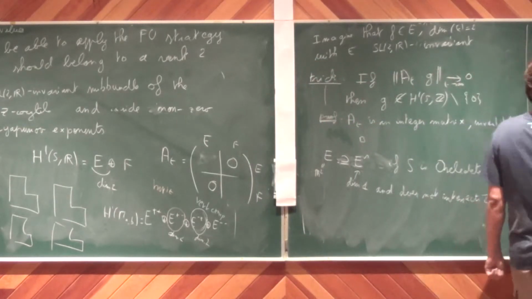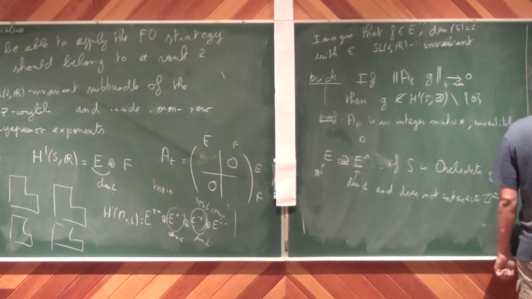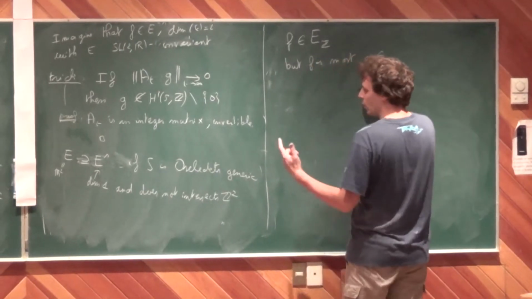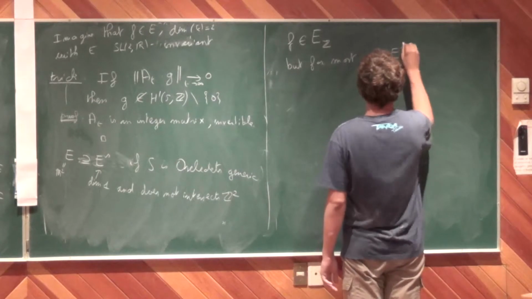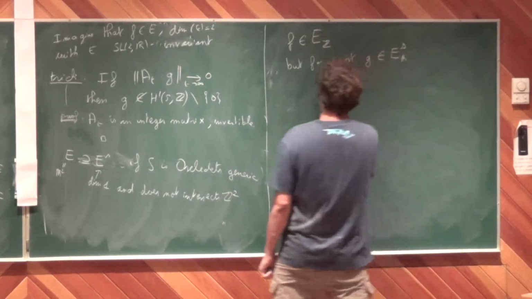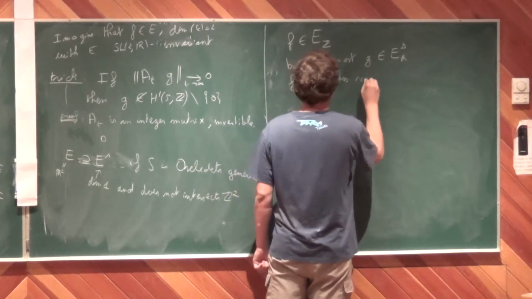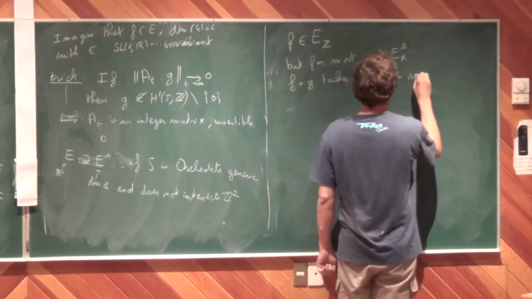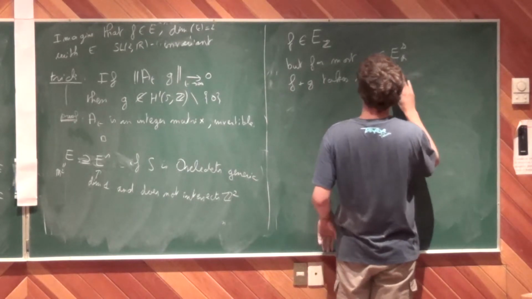So F in Z, but for most G, G is my coboundary, it's G composed with T minus G, in ES, or with coefficient in R, F plus G takes values, I think this is even for all, in irrational values.